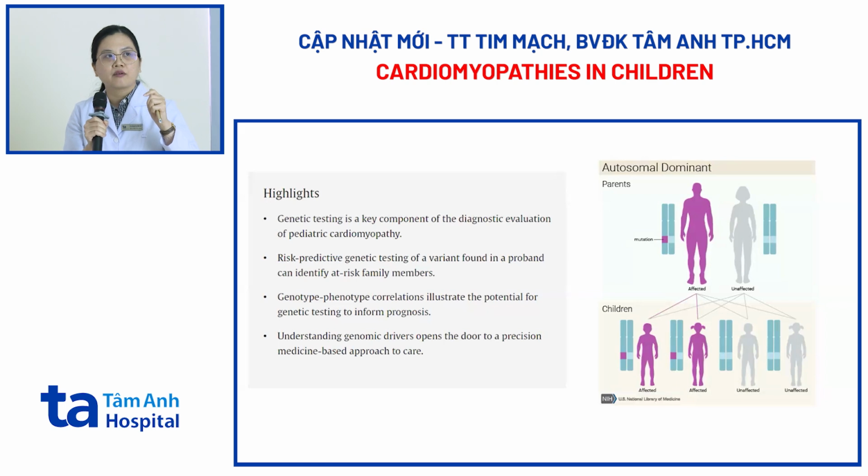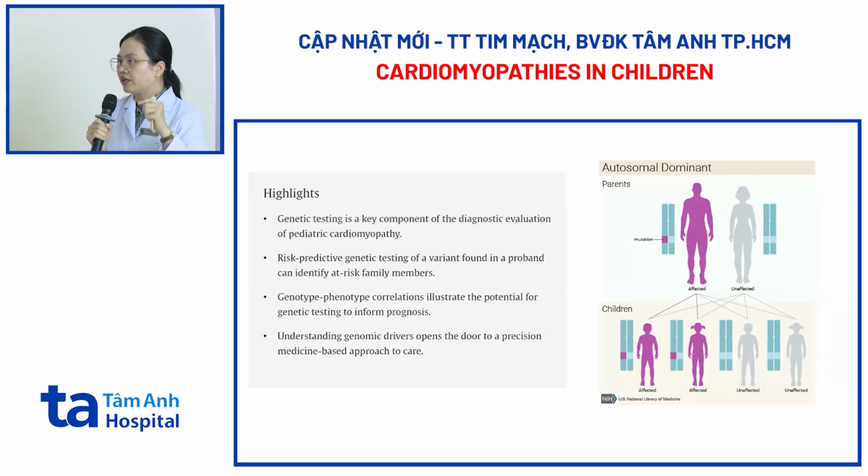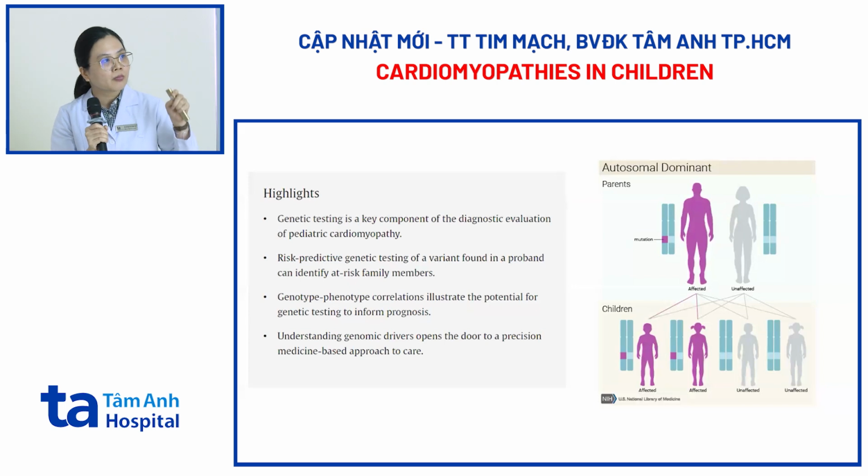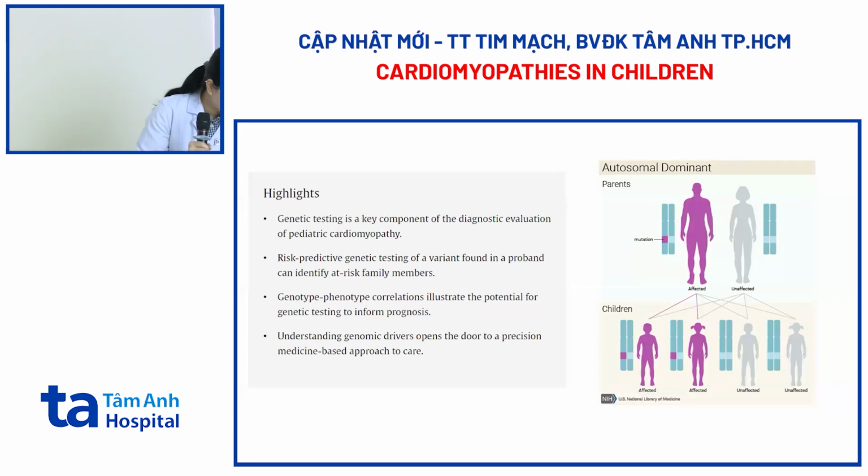At that time, it changes from idiopathic with a new onset variant to familial dilated cardiomyopathy. It may change the diagnosis, and with the change in diagnosis, the prognosis for the patient changes.